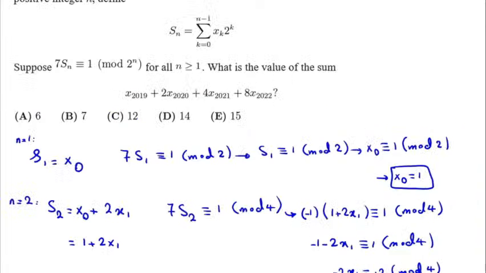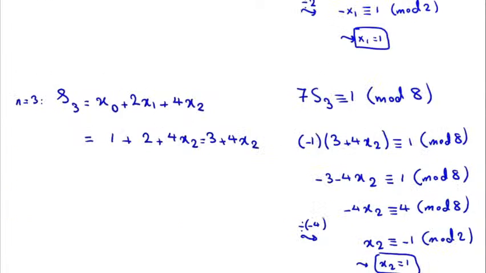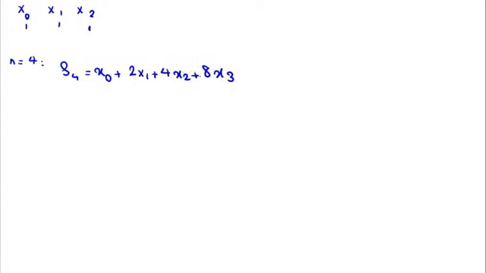Okay, if we consider x0 is 1, x1 is 1, x2 is 1. So let me write x0 is 1, x1 is 1, x2 also is 1. Now, let's consider n equal to 4. So S4 is equal to x0 plus 2x1 plus 4x2 plus 8x3.